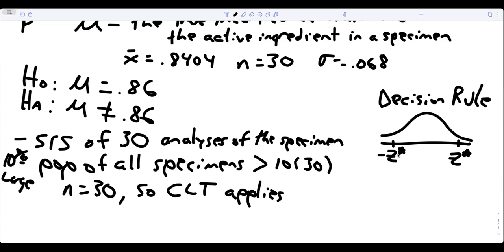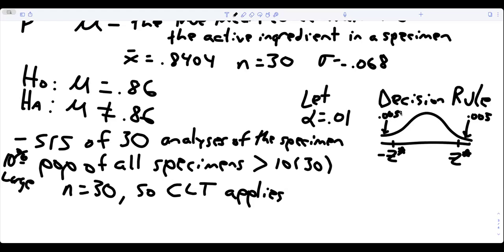The reason I have this is because my alternative hypothesis is not equal to, therefore it's two-sided. Let alpha equal 1%. And so that means I'm going to have 0.5% on this side and 0.5% on this side for my rejection regions.